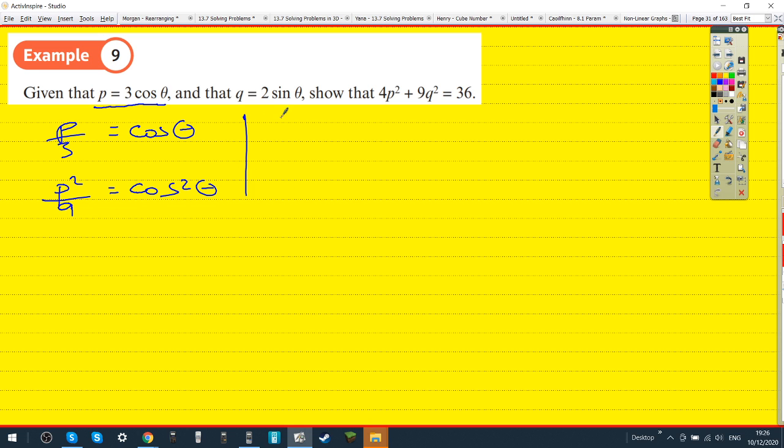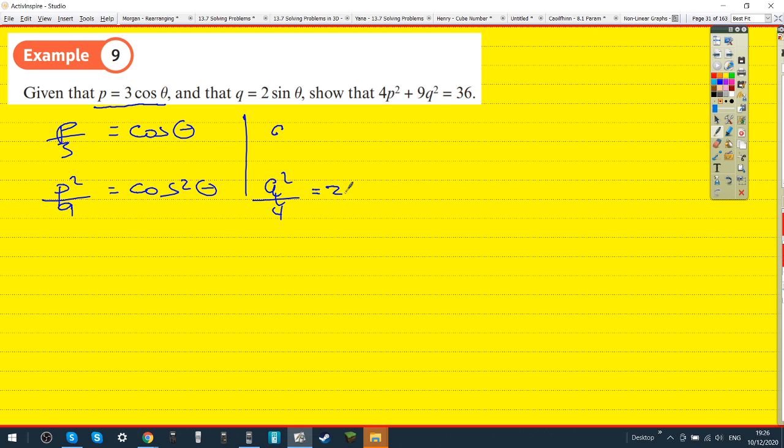Okay, same idea with sine. So sine squared theta equals q squared over 4. Well done.